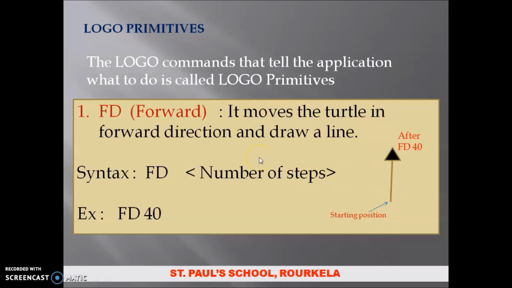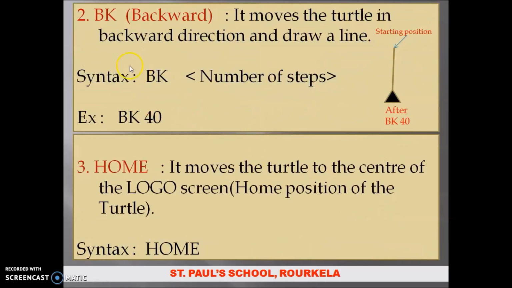Then our next command is BK. BK means backward. It moves the turtle in the backward direction and draws a line. Now the starting position is here, suppose the center of the screen. When you use the BK command, it moves in a backward direction, meaning the direction of its tail.